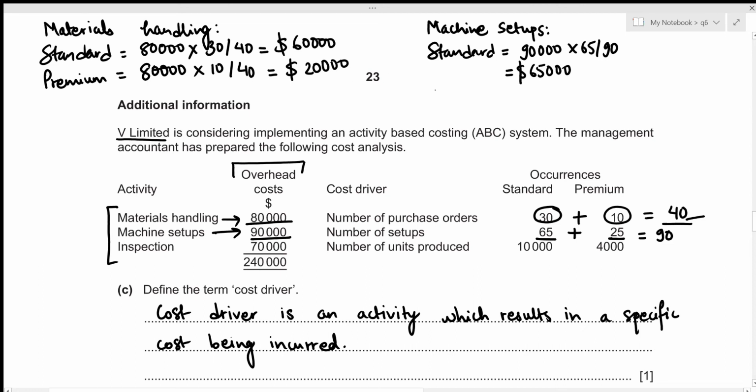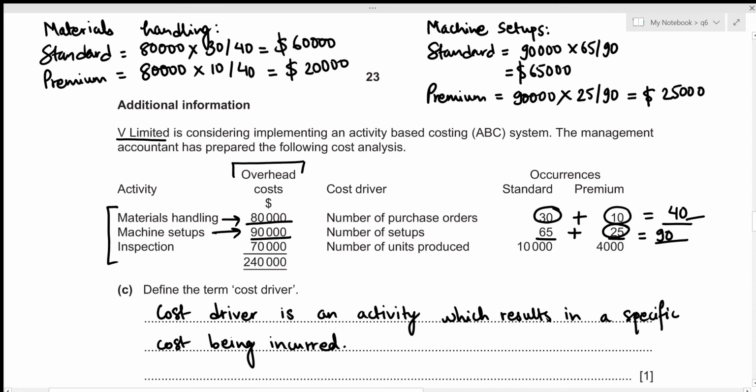Now we repeat the same process for premium. That is going to be the total of machine setups, which is 90,000. And we know that out of total of 90 setups, 25 belong to premium. And since this is our basis for distribution of cost, we can just multiply with 25 by 90, which results in the machine setups cost for premium to be 90,000 times 25 by 90, which results in a value of 25,000.